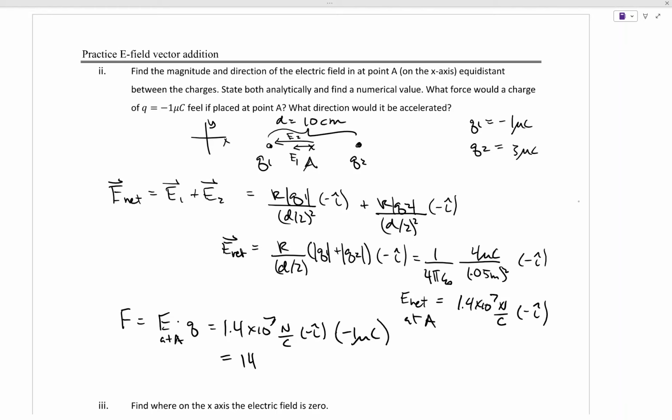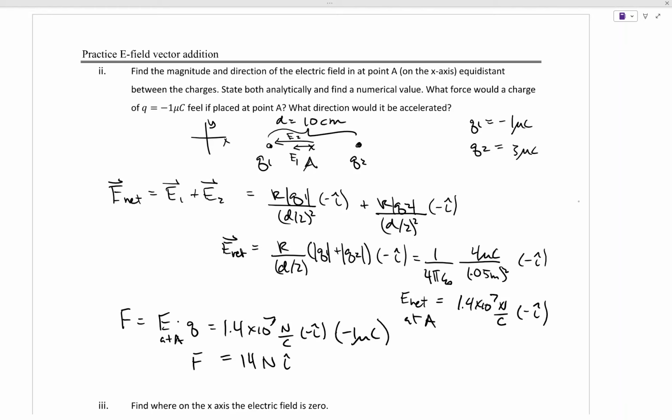Basically multiplying 10 to the 7 times 10 to the minus 6. So we'll have 14 newtons per coulomb, newtons left over. And what direction is this pointing in? Well, notice this is now negative I hat. This would be pointing in I hat.